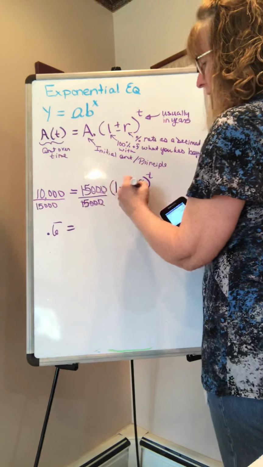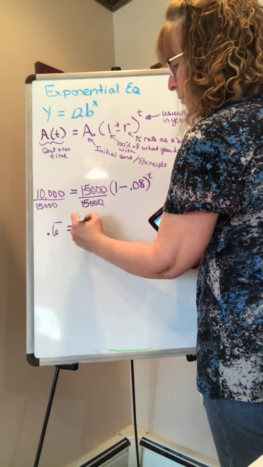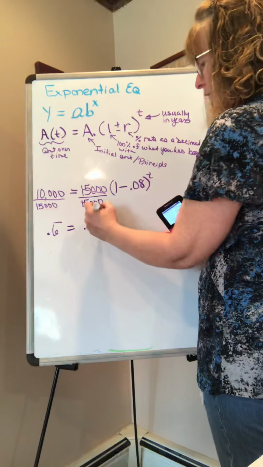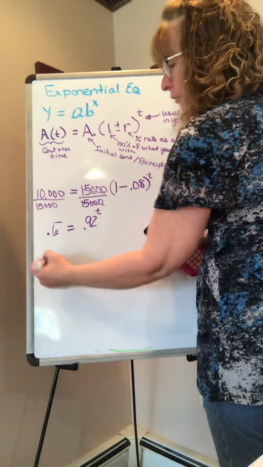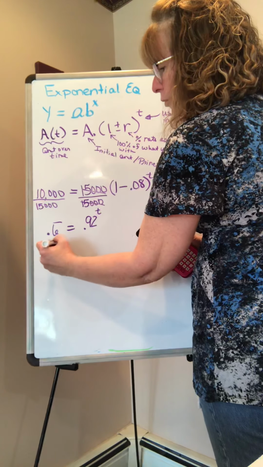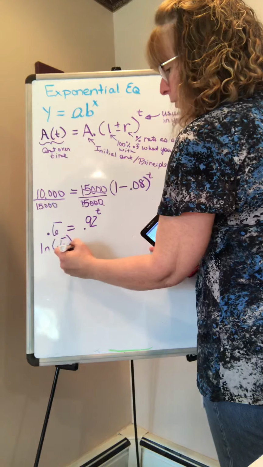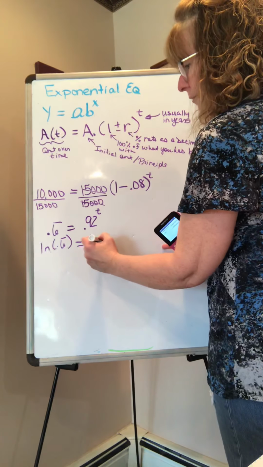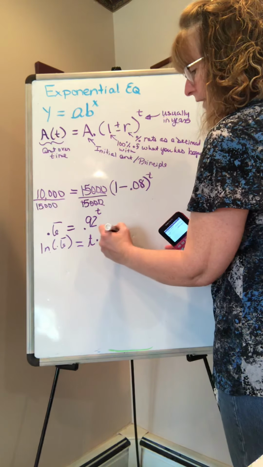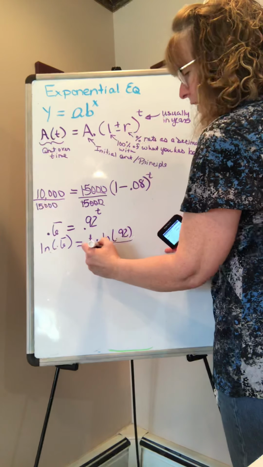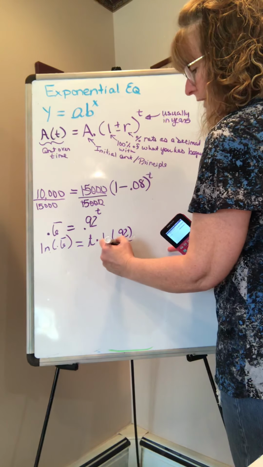And this 1 minus 8% means it's keeping 92% of its value raised up to the time. So again, the natural log of 0.6 repeating would be the time times the natural log of 0.92. And we divide by the natural log of 0.92.